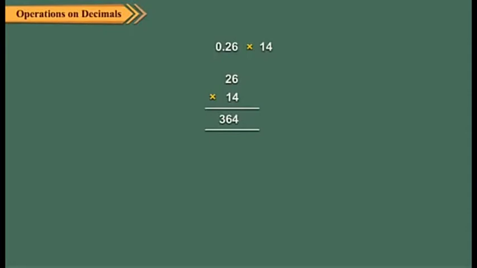Here, the given decimal 0.26 has 2 decimal places. So, we put the decimal point in 364 after 6 while counting from the right. So, 0.26 multiplied by 14 is equal to 3.64.